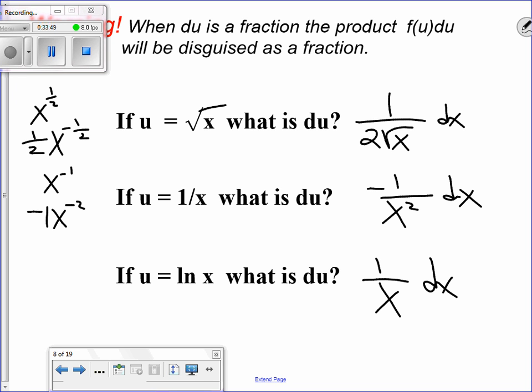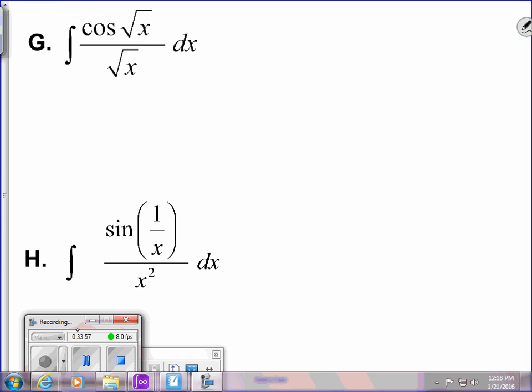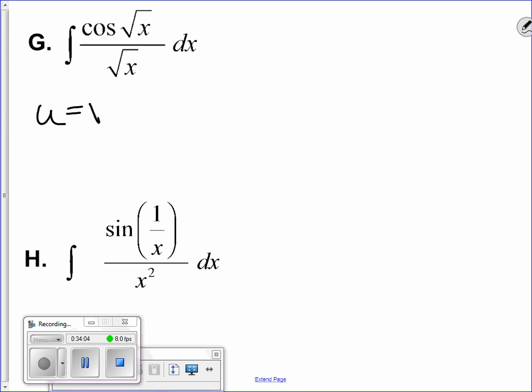The reason these are really tricky is because sometimes you don't see the full thing, like the top will be covered up. And if you take a look at this one up here, looks crazy, right? In this case, u equals the square root of x. Do you remember what du was for that one? Before we see what we need, I'm just going to show you that you can break this up.